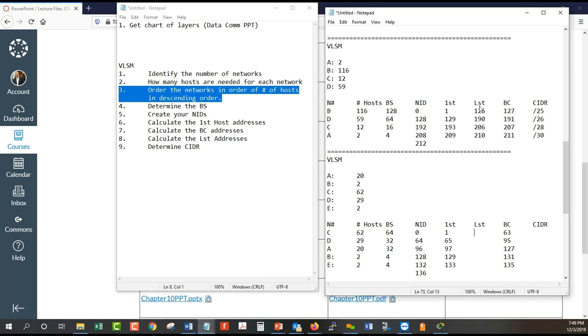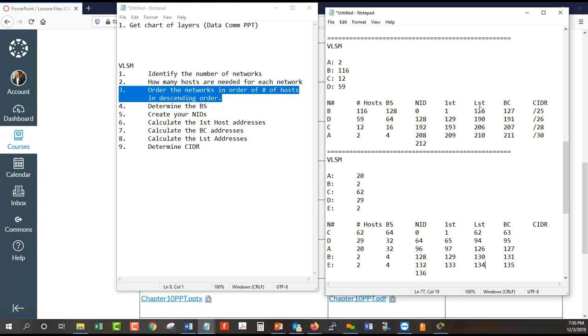Now we're going to do the last address, which is always 1 less than the broadcast. So we're going to do 62, 94, 126, 130, and 134. And if you recall our rule, the network ID must be even, the first addresses all must be odd, last must be even, broadcast address must be odd.